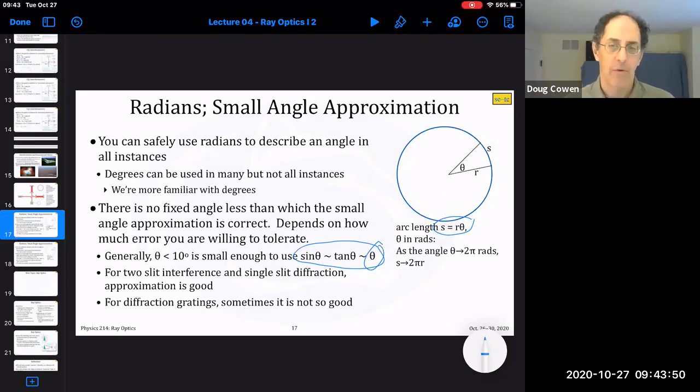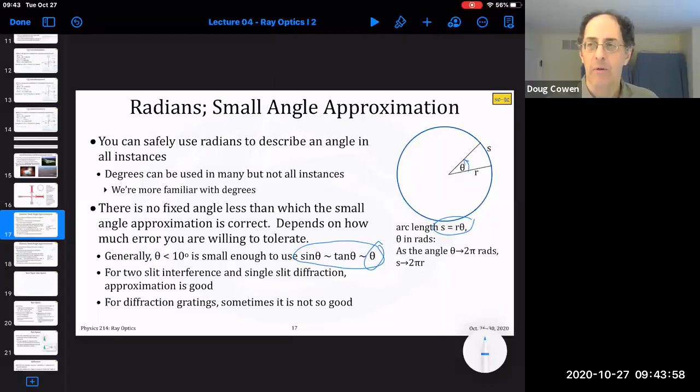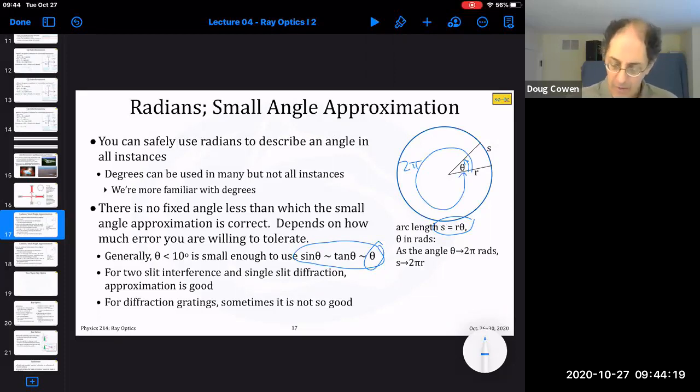And one way to remember this formula is as the angle theta goes from having some small value shown here over to a value of 2 pi, all the way around like this, then the arc length will be 2 pi times R. In other words, if you go all the way around a circle, you will have an arc length that's equal to the circumference of a circle, 2 pi R.